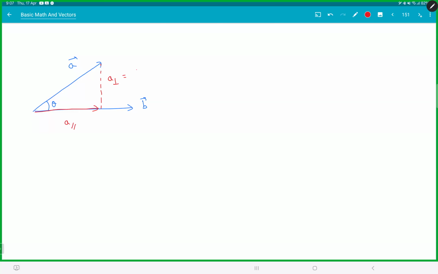So this is a perpendicular component of a bar, or the perpendicular component to b bar. a parallel is the component along b bar.